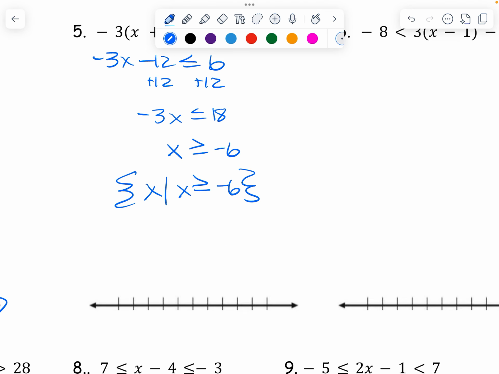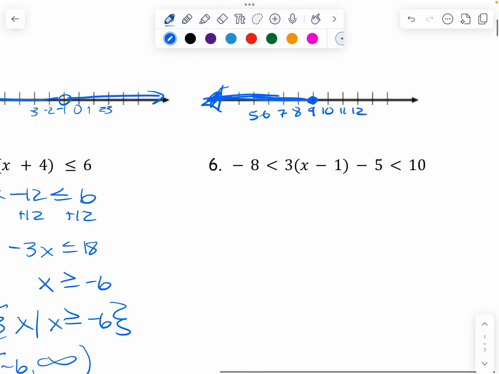So that means closed to positive infinity. Negative 6, negative 5, negative 4, negative 3, negative 2, negative 1, negative 7, negative 8, negative 9, negative 10, negative 11, closed dot, and it's all the numbers greater than.